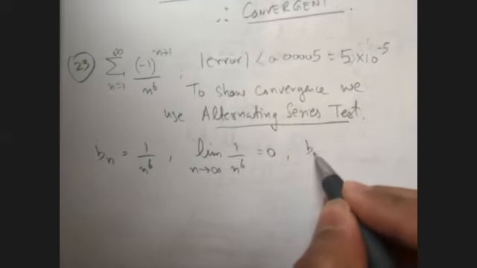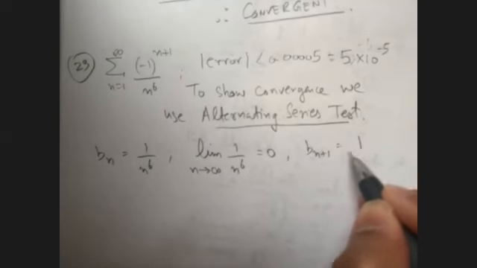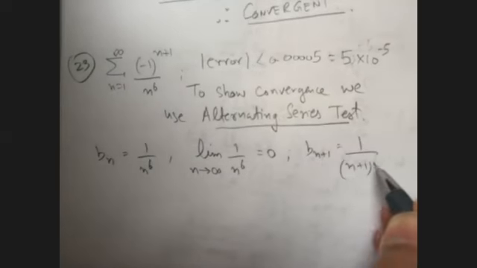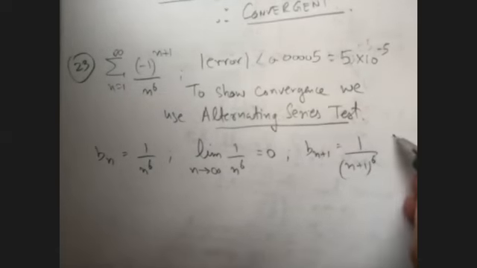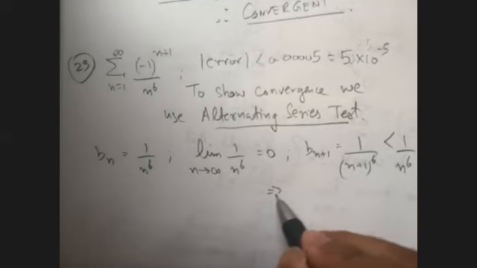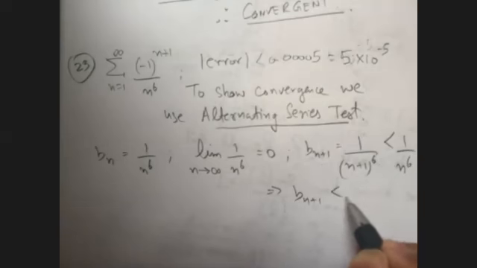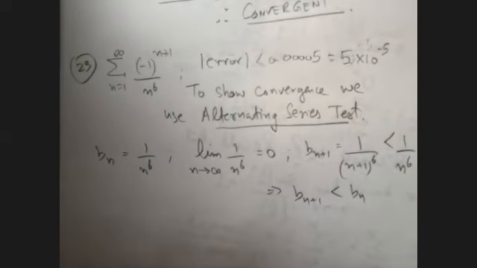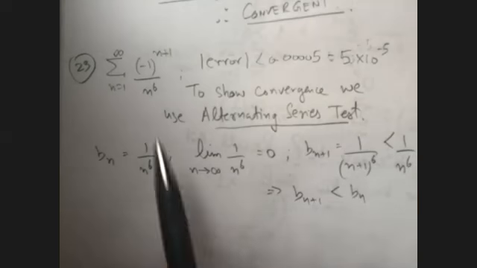And Bn plus 1 is clearly less than Bn, because this has a bigger denominator, for n greater than or equal to 1.